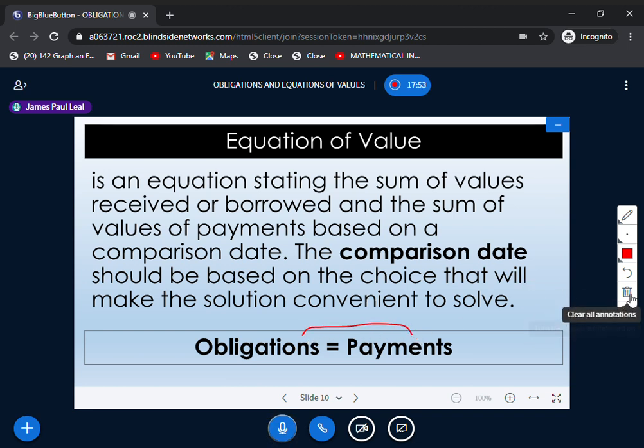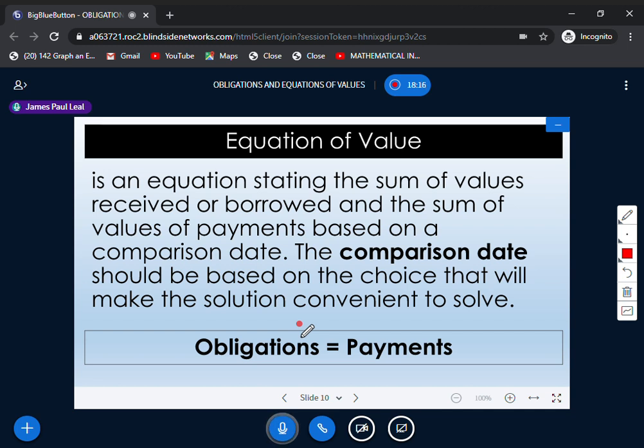We say that two sets of payments are equivalent at a given simple interest rate if the dated values of the sets on a common date are equal as well. So an equation stating that the dated values on a common date of two sets of payments are equal is what we call an equation of value or an equation of equivalence.